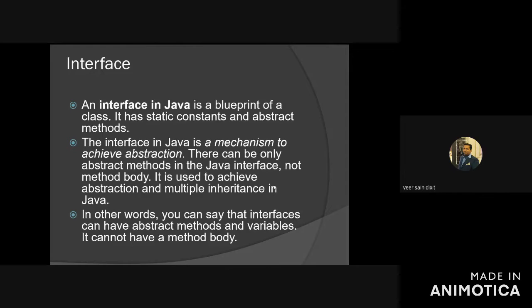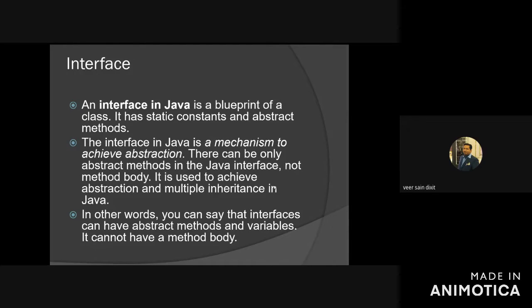The interface in Java is a mechanism to achieve abstraction. There can be only abstract methods in the Java interface, not a method body. It is used to achieve abstraction and multiple inheritance in Java. As I told you in earlier classes, Java does not support multiple inheritance.